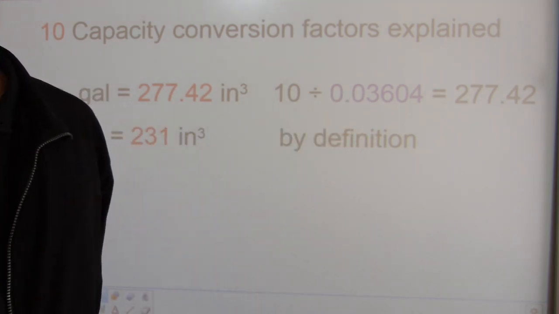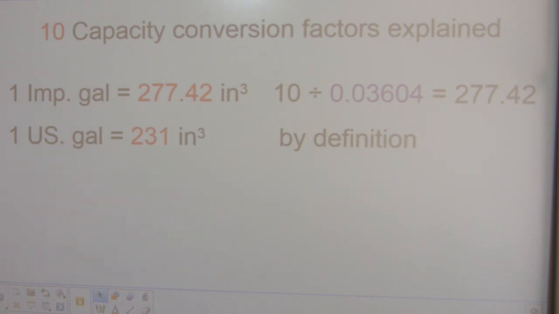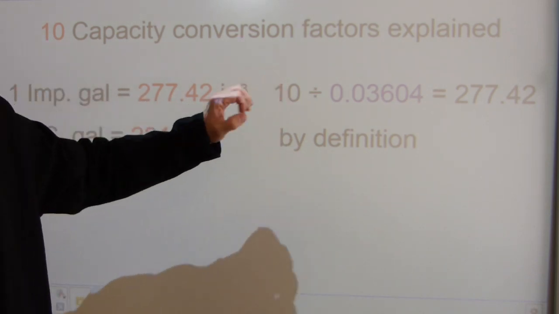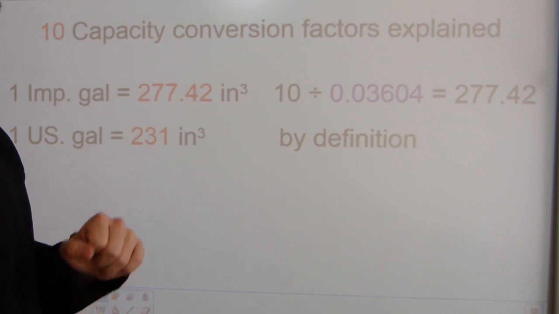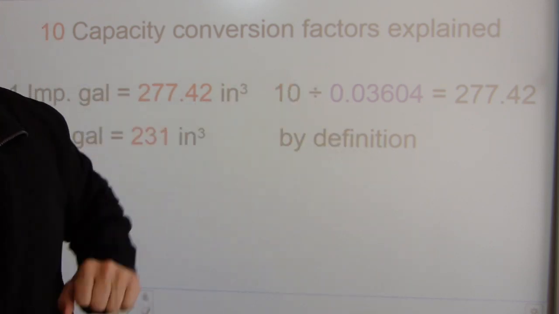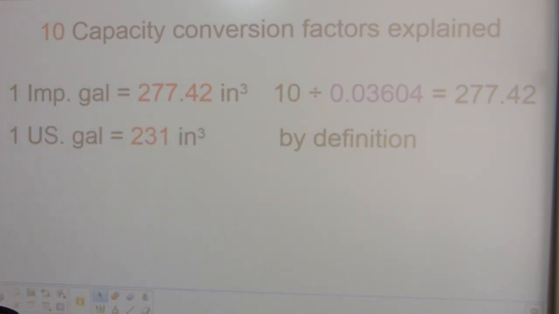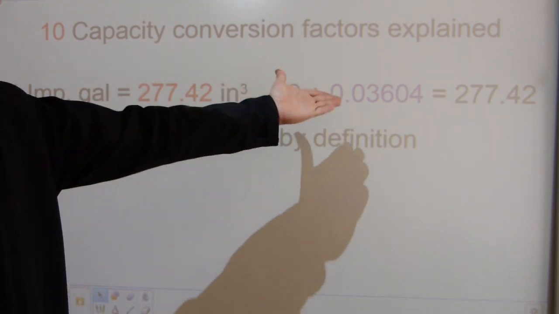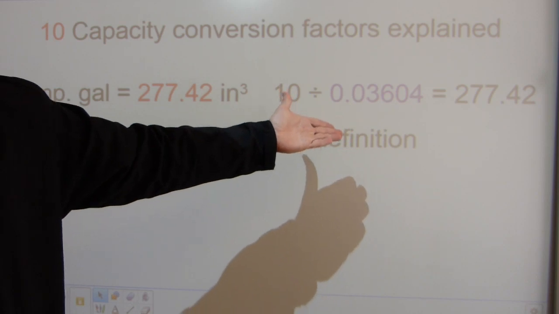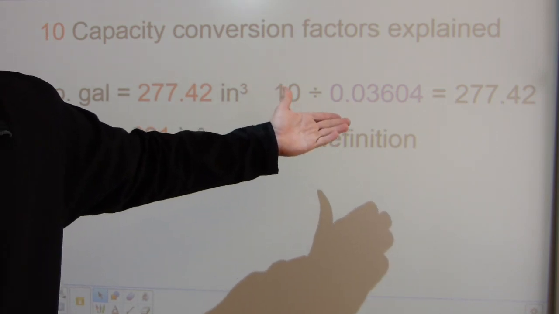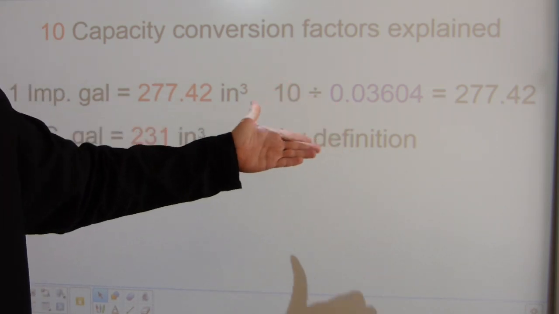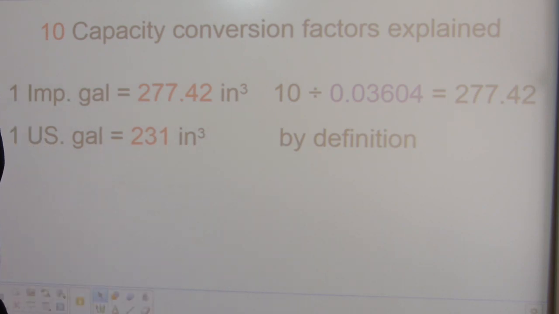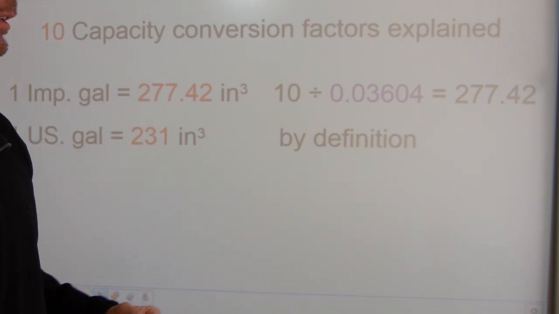This purple number here is the density of water at the same temperature and pressure as the 10 pounds is measured. And this density of water is a natural phenomenon or a natural fact. Nobody chose this number, it just happens to be so. Sorry about the fact that nature doesn't coincide with convenient whole numbers.